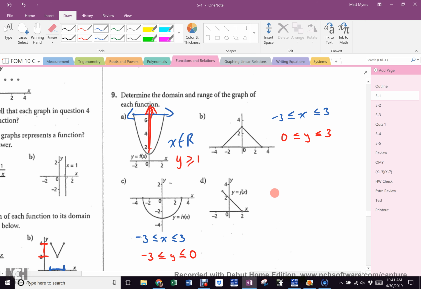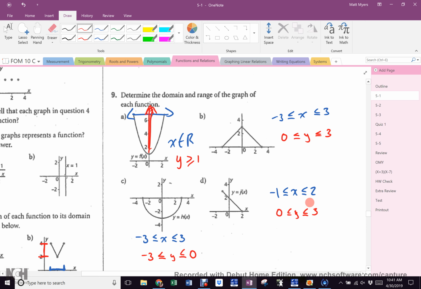Still a function. -1, less than or equal to x, less than or equal to 2. And range? 0, less than or equal to y, less than or equal to 3.